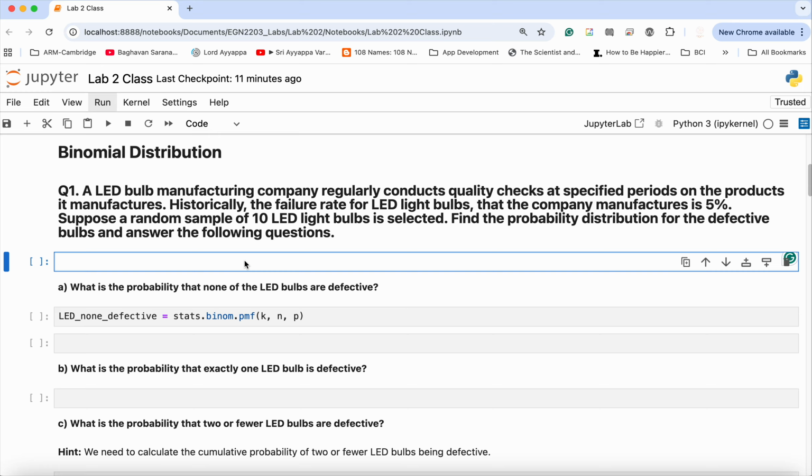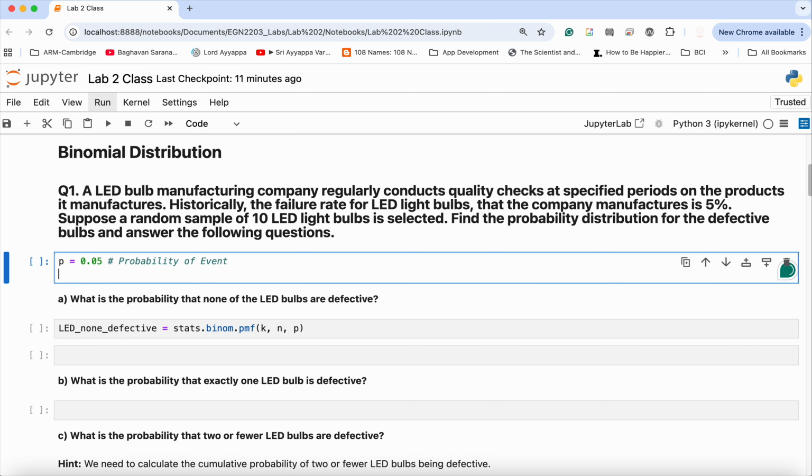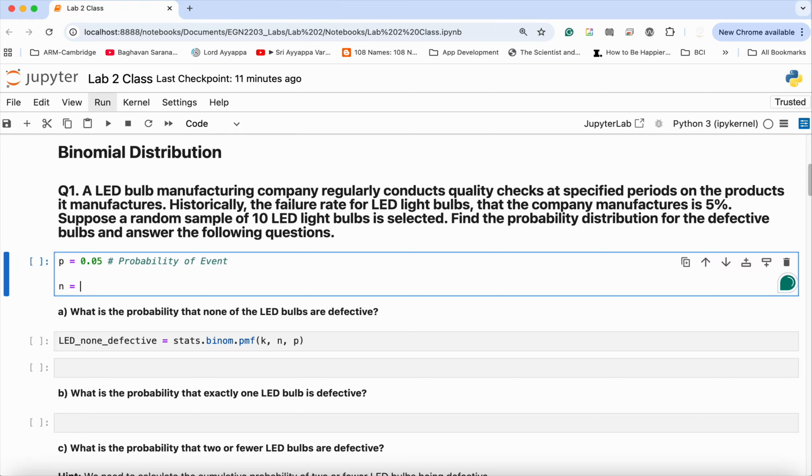The failure rate is given as 5%, so p equals 0.05. I'm giving a general statement, probability of event, because you apply the same concept regardless of the context of the question. The next parameter is n, which is the sample size. Here we have a sample size of 10.